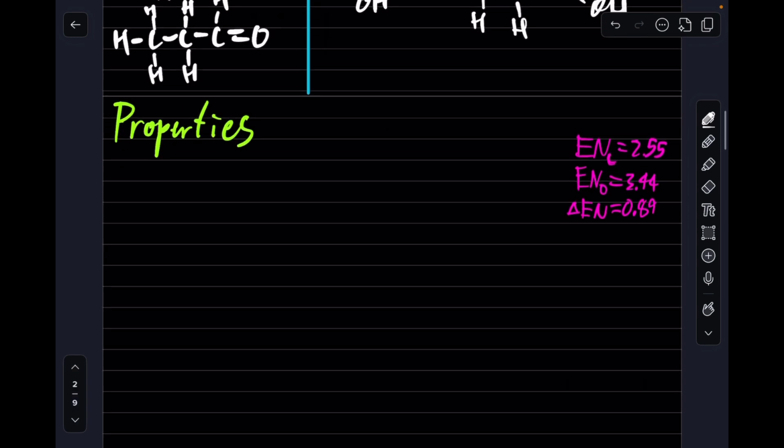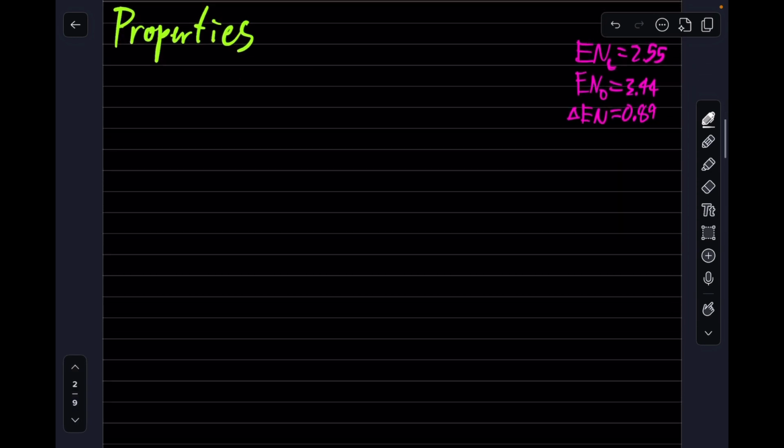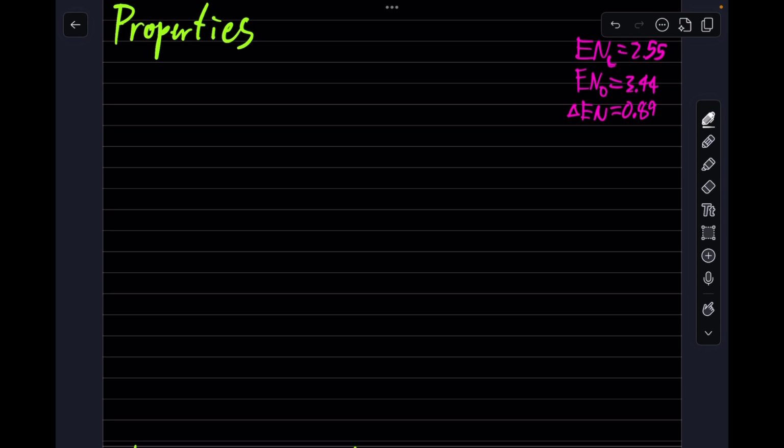Okay, so looking at the properties of these four functional groups, they all have a carbon bonded to an oxygen. And this bond is polar because it has an electronegativity difference of 0.89, which is more than 0.4.